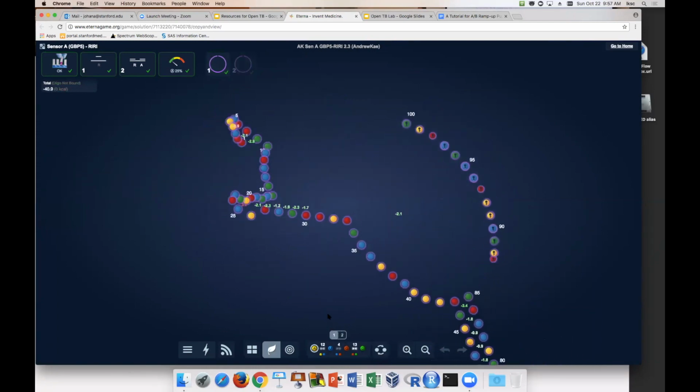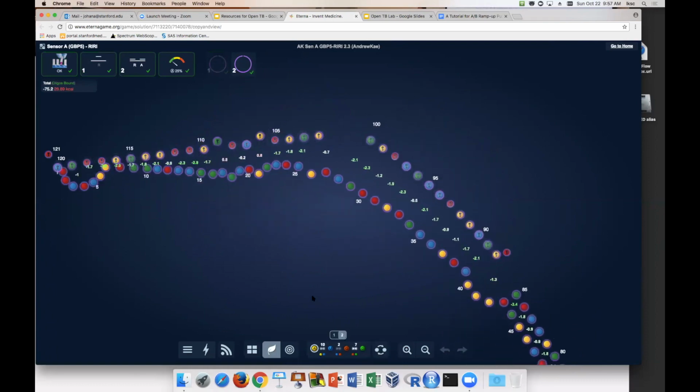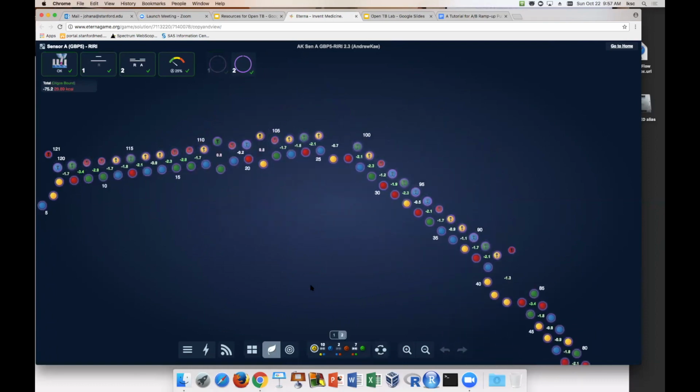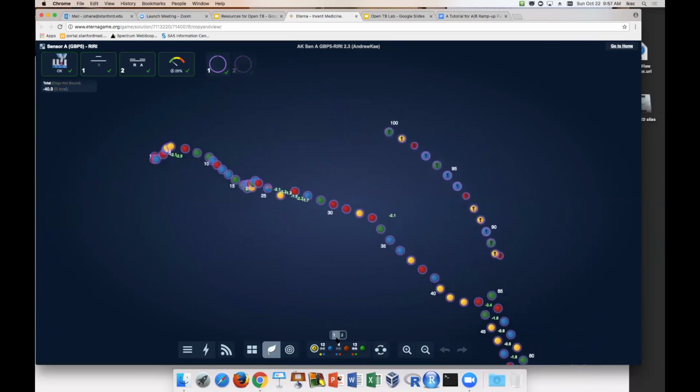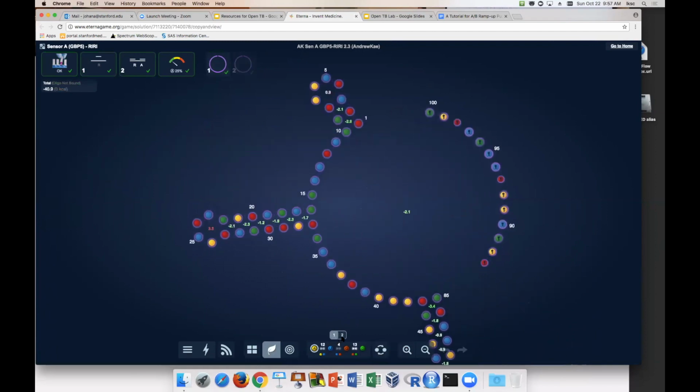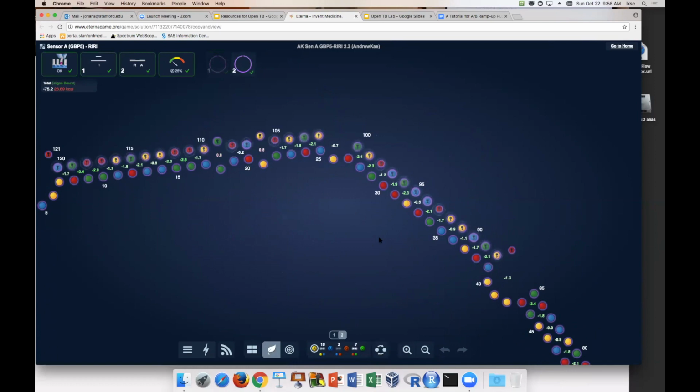Okay, for this puzzle, you only want the reporter whenever the sensor A is binding.